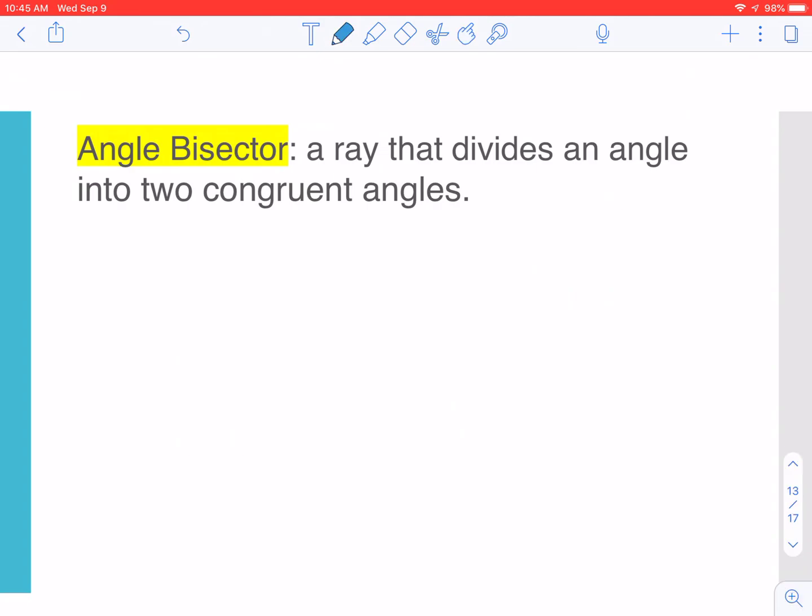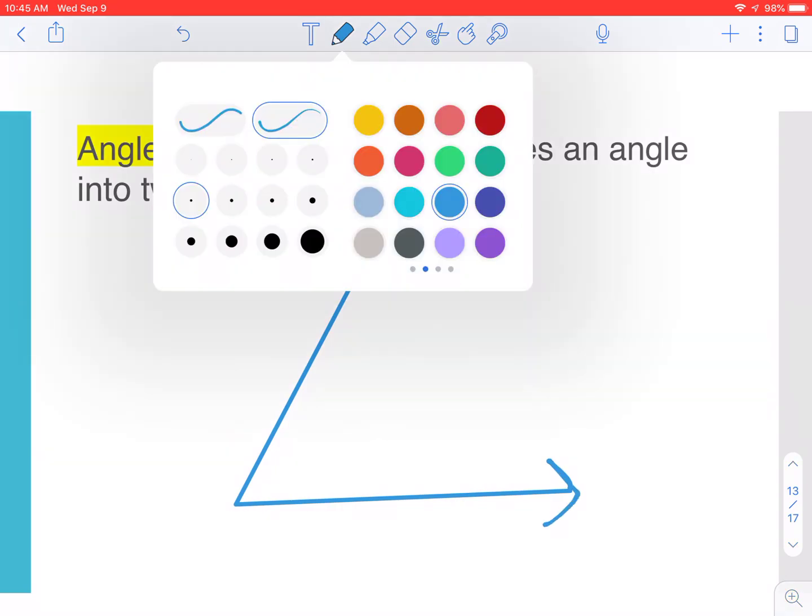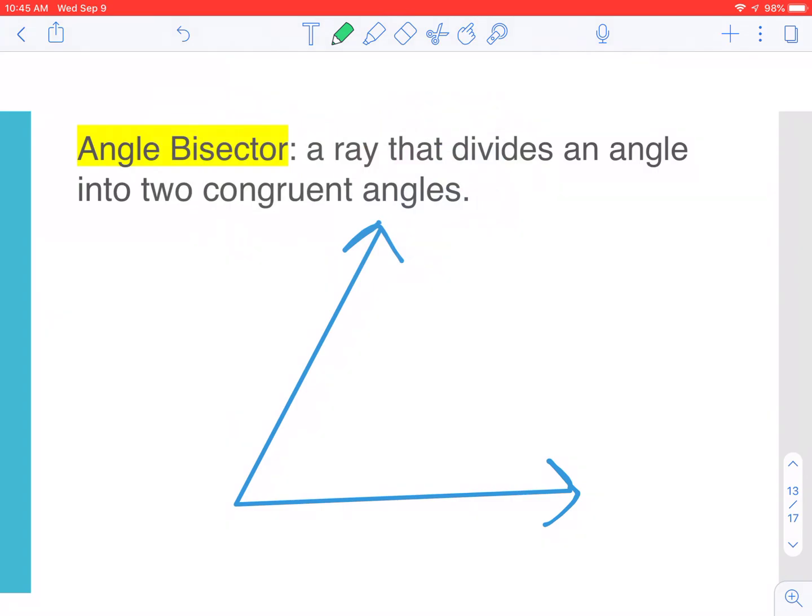All right, last concept today is called an angle bisector. So I'm going to draw an angle here. Draw with some nice straight lines. An angle bisector is a ray. So my angle bisector is in green.